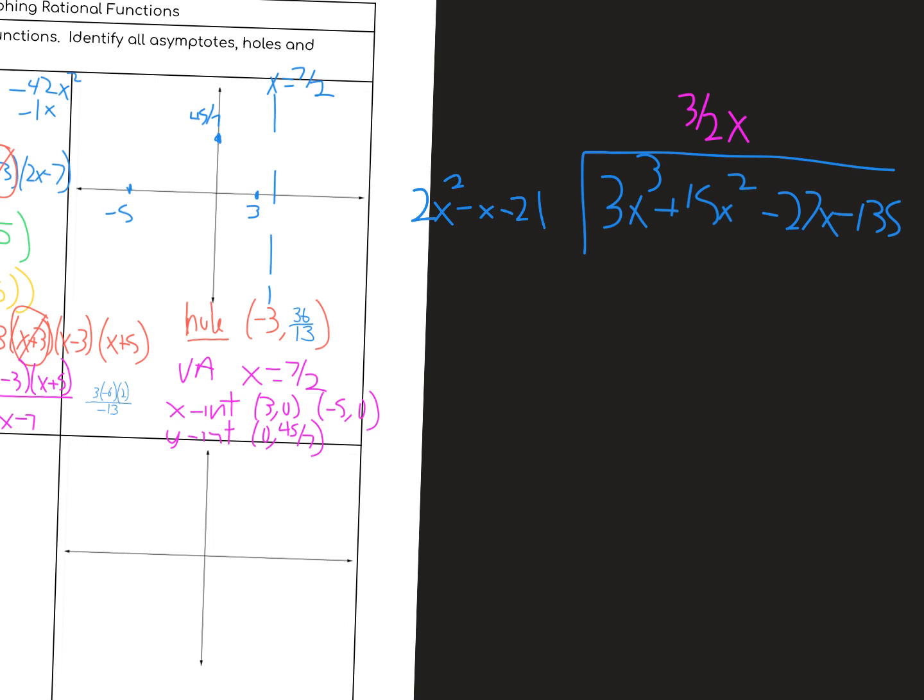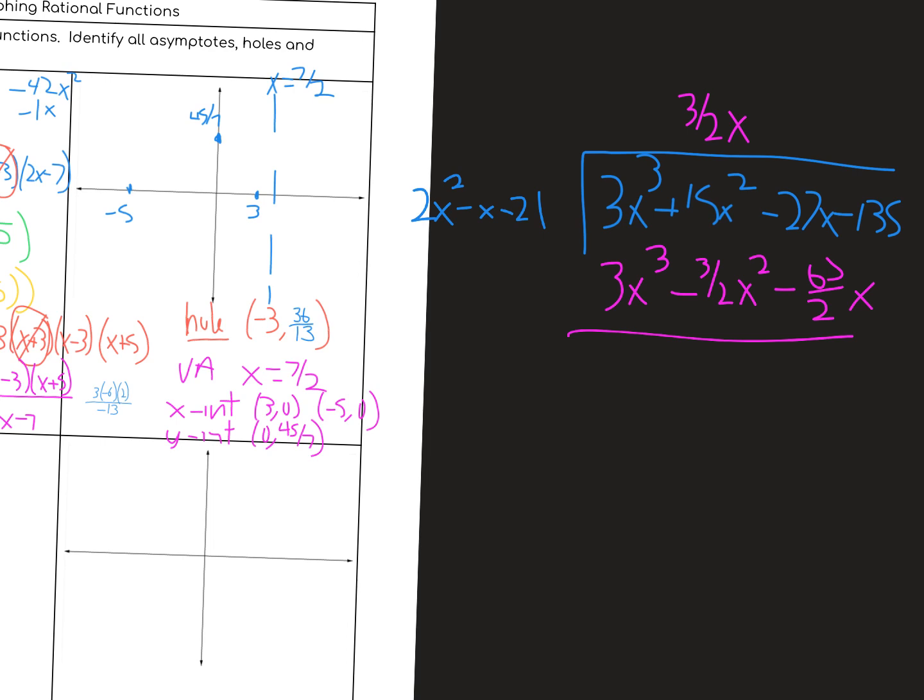So that's going to be 3x cubed minus 3/2 x squared minus 42 and 21 more is 66. Yeah, no, 63. 63, silly goose. 63/2 x.